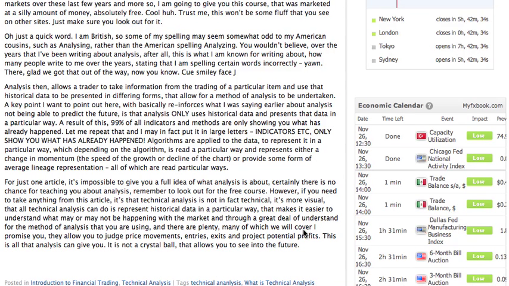So analysis then allows a trader to take information from the trading of a particular item and use the historic data to be presented in different forms that allow for a method of analysis to be undertaken. A key point I want to point out here, which reinforces what I was saying earlier about analysis not being able to predict the future, is that analysis only uses historical data and presents that data in a particular way.